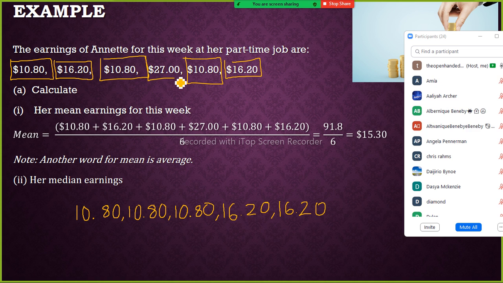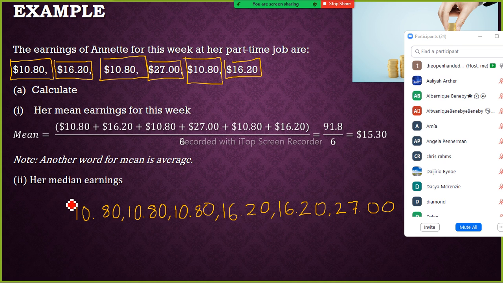All right, then finally is 27. So those are our numbers, and we already arranged them from least to greatest. Now we need to figure out which one is in the middle.